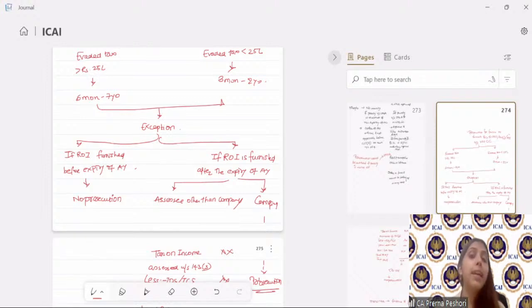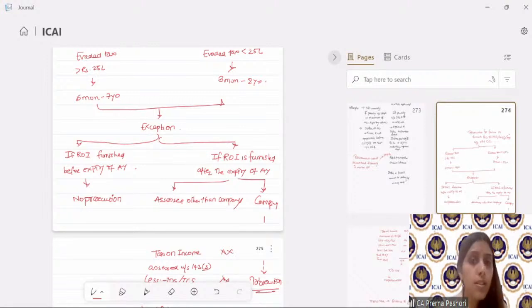In case of the minor, the guardian is the representative assessee. In case of a person who is not of stable mind, the guardian or manager of that person is the representative assessee. In case of a non-resident, now this is very, very important.